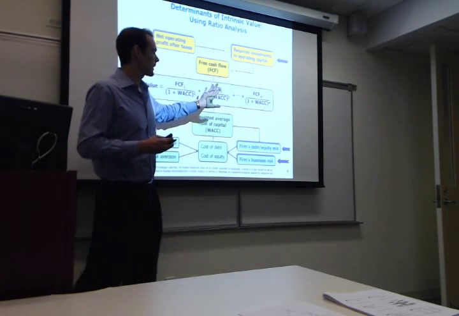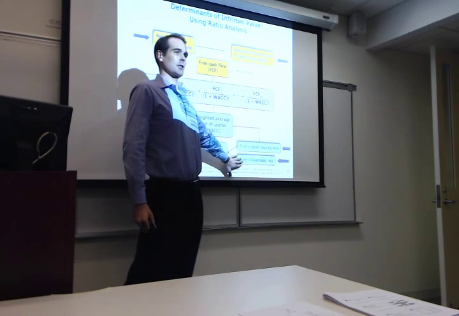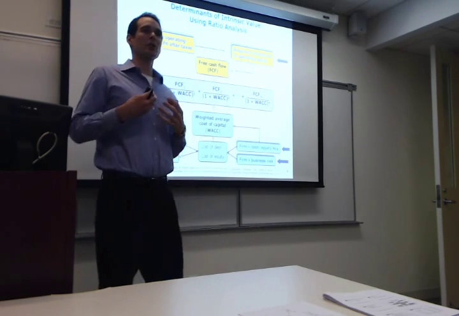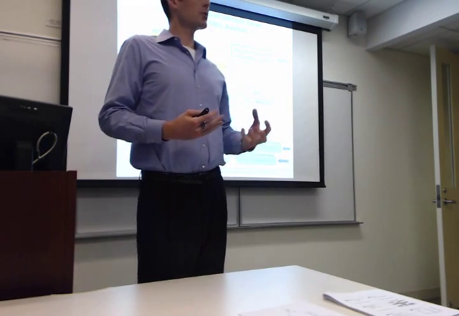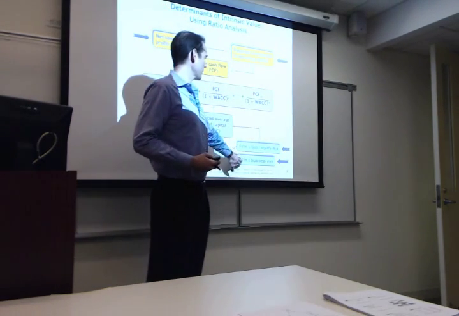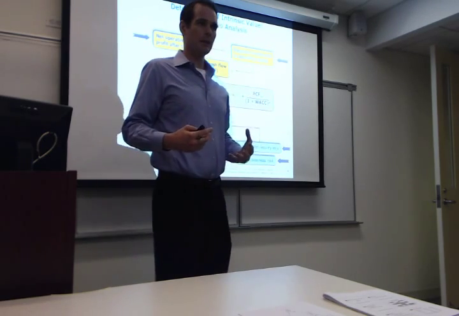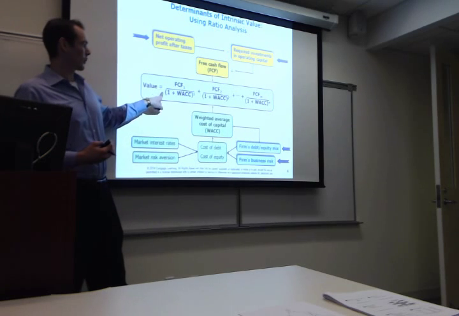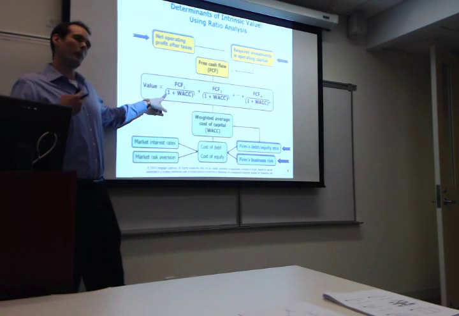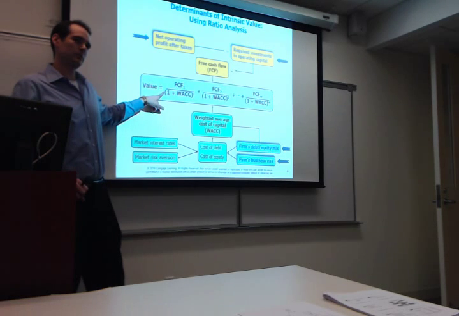And what we'll concentrate on in today's class is this firm's business risk that we can determine by looking at financial statements. So we'll look through financial statements. We'll say, is this firm a risky investment? Or is this firm a pretty sound investment? Because if it's a more risky investment, we're going to change the weighted average cost of capital. And a more risky investment, is it going to be a higher WACC or lower WACC?